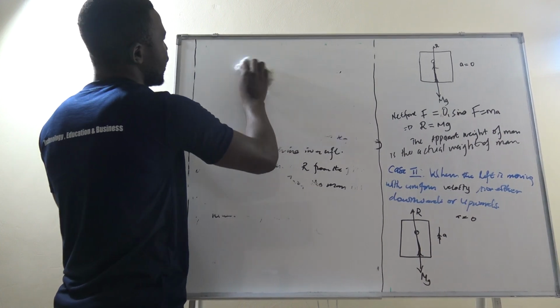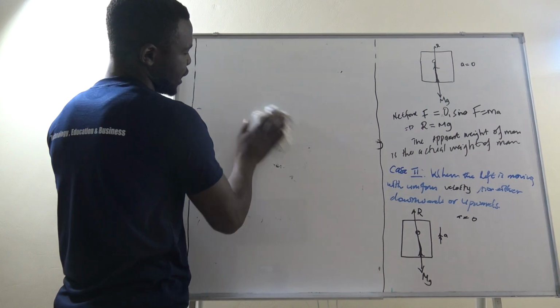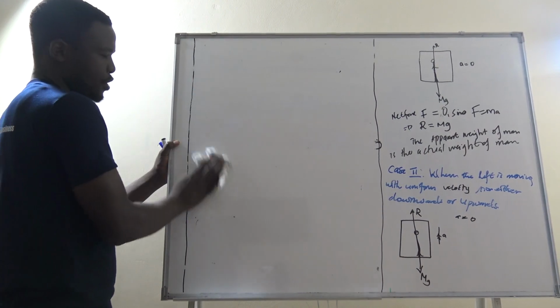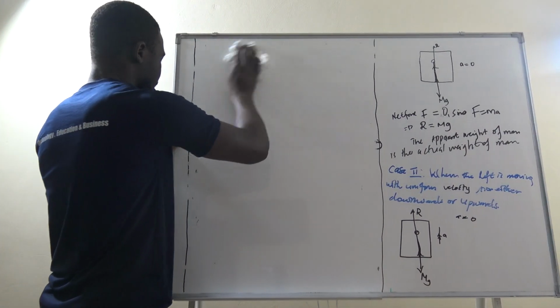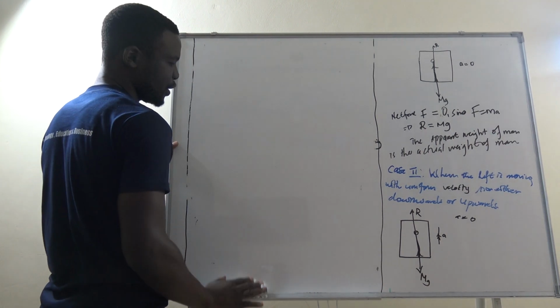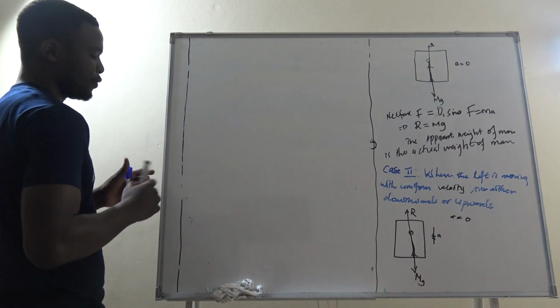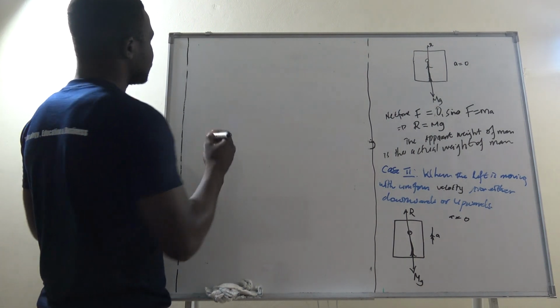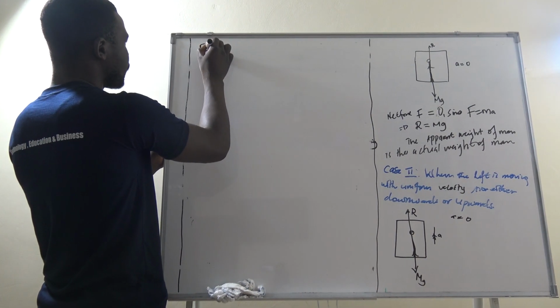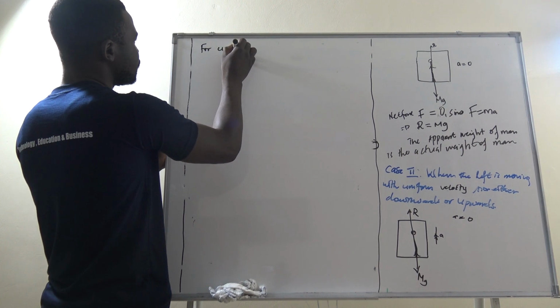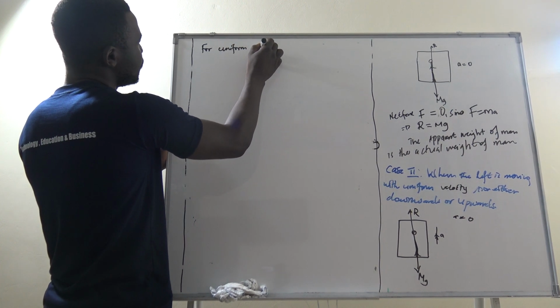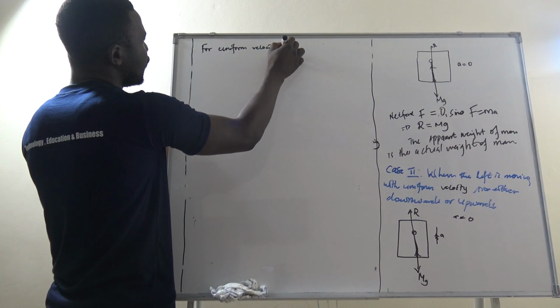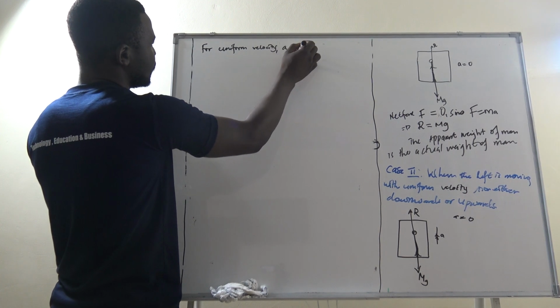In this scenario, we are going to realize that the weight of the man is equal to the reading that we shall be seeing from the weighing scale. Now here we are going to say that for uniform velocity, the acceleration is equal to 0.